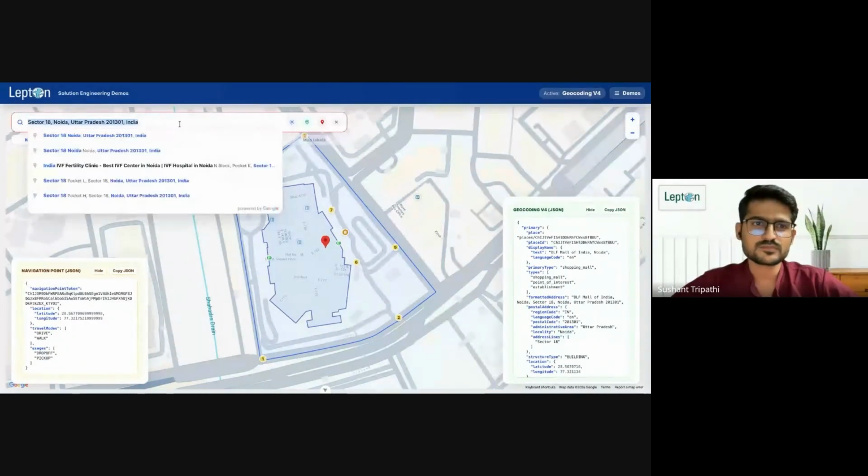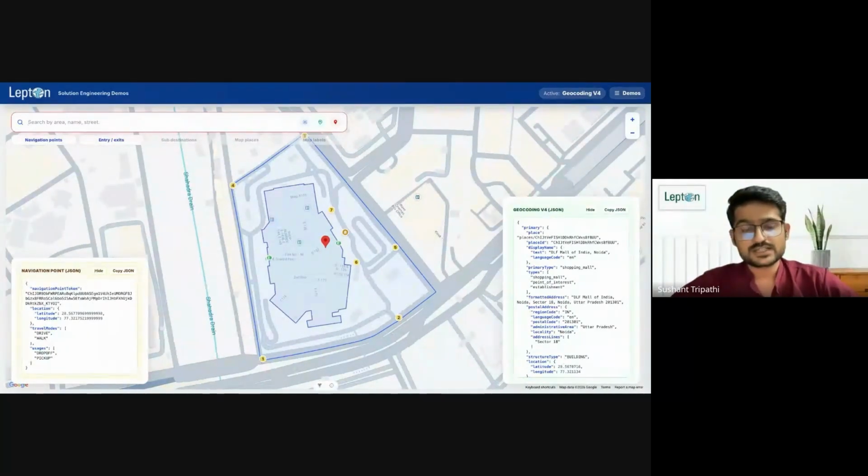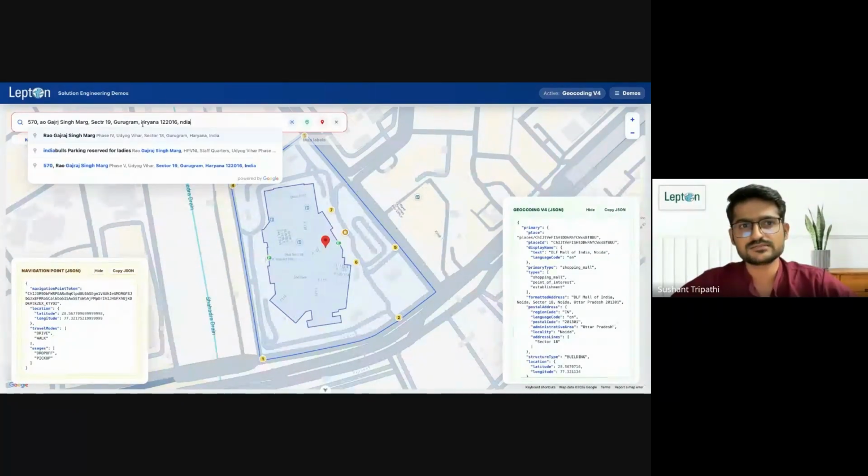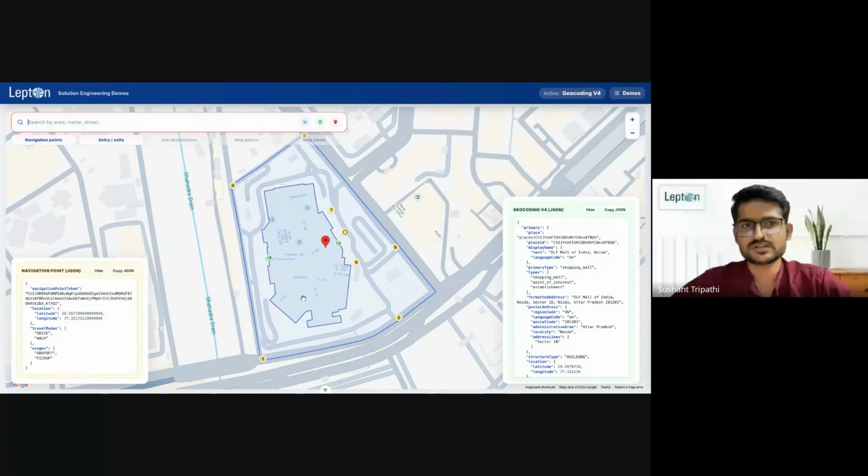One more thing that is quite good with Geocoding V4: Google has a specific API for address validation, and it was not combined with Geocoding V3 before, but now it is. In Geocoding V4, even if you give a wrong address, it handles it. For example, let me take a specific address which is not right.